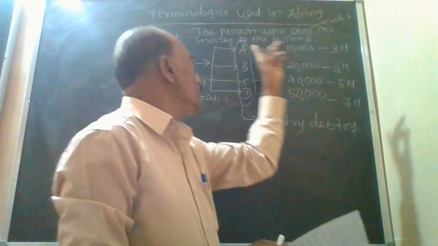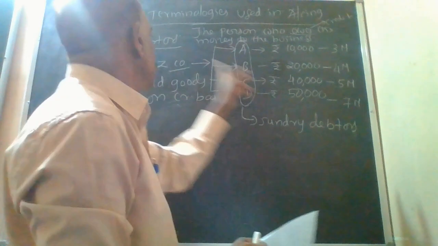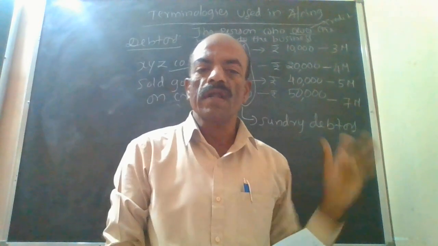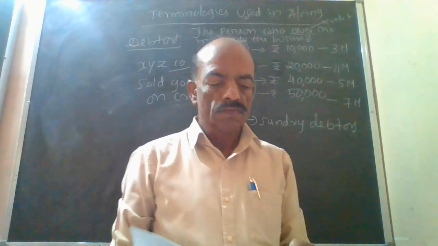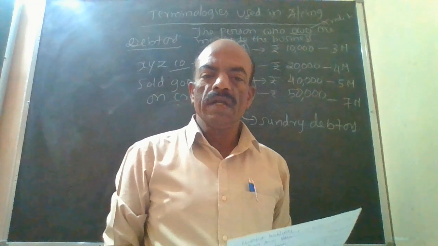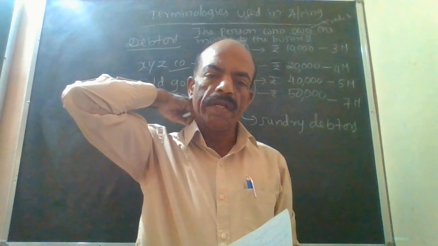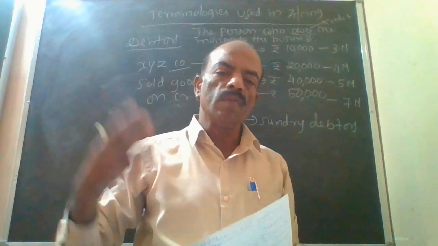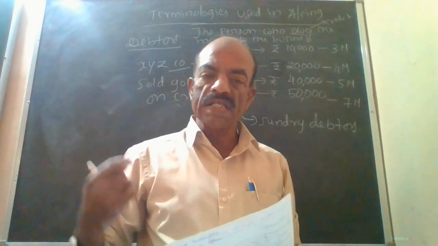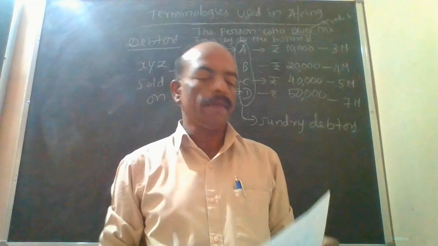But A, B, C, D will call XYZ company their creditor. So debtors means, very simply, the person who owes the money to the business, or the person from whom our business is required to collect the money.